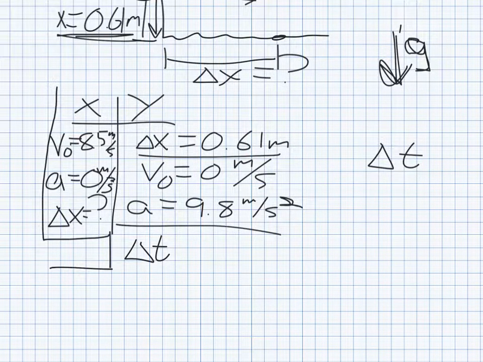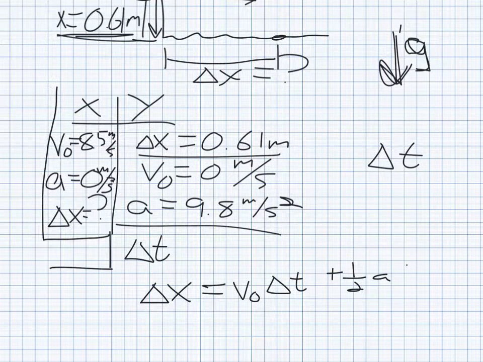So let's do it. Well, I've got x, v naught, a, and t. I think this equation will be useful to me. Delta x equals v naught delta t plus 1/2 a delta t squared. I will be solving for time. Now, normally this is a quadratic equation, except that my v naught is 0, so I can really just get rid of that entire term.